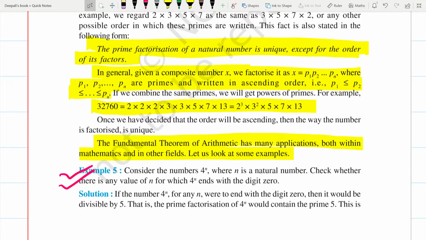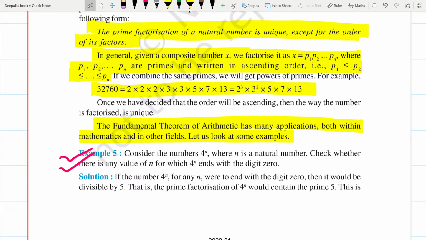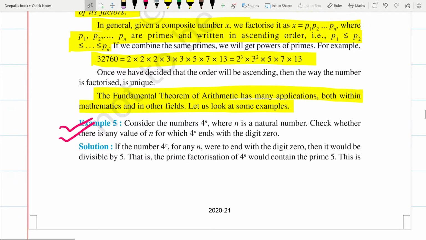Consider the number 4 raised to n, where n is a natural number. Check whether there is any value of n for which 4 raised to n ends in the digit 0. If a number ends in 0, then it should be divisible by 5. That is, the prime factorization of 4 raised to n would contain the prime 5.